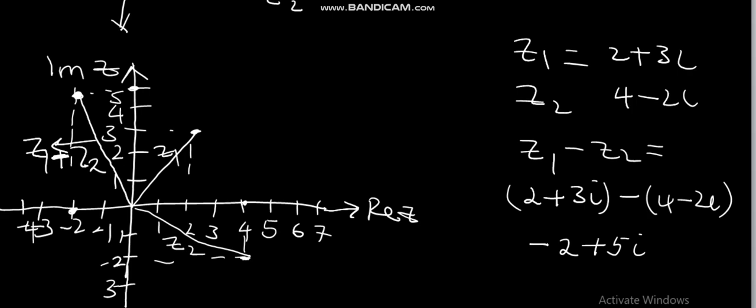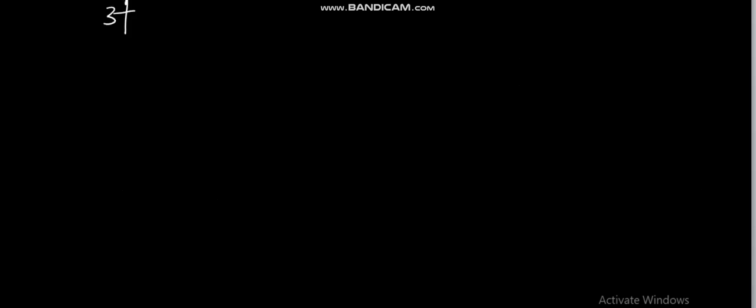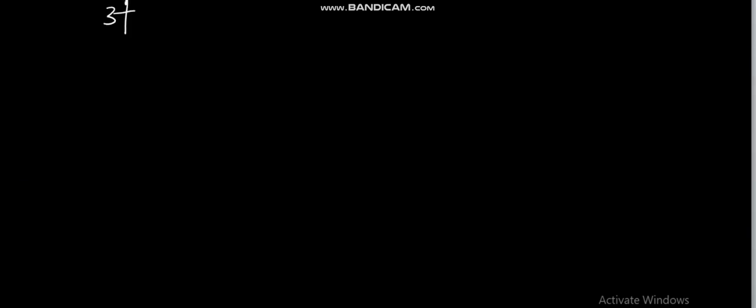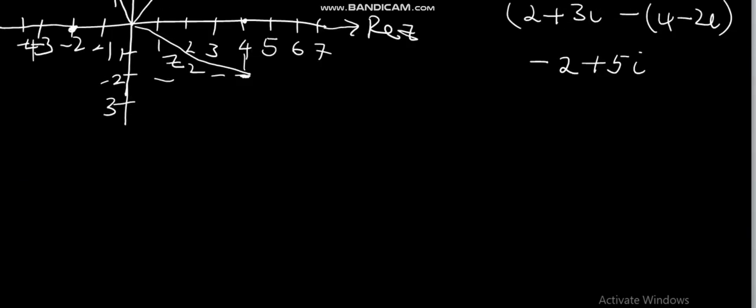So now the last thing is they wanted us to find z2 minus z1. So z2 minus z1, and z2 we say that it is 4 minus 2i.